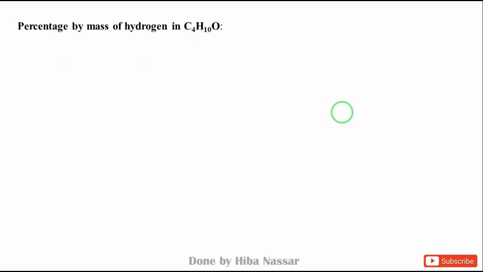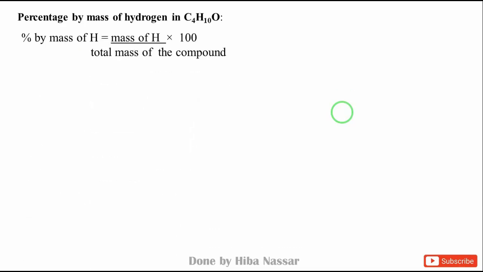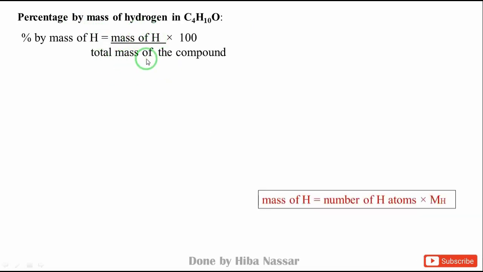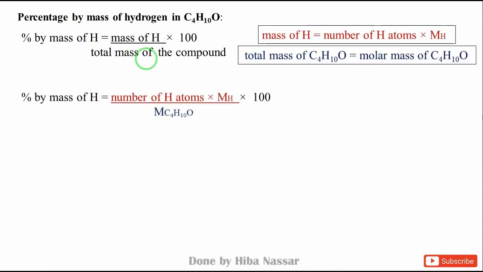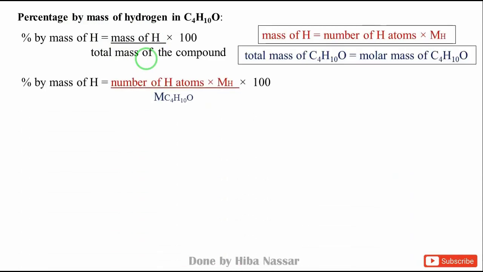Now let's calculate the percentage by mass of hydrogen in butanol. The same, percentage by mass of hydrogen is equal to the partial mass of hydrogen divided by the total mass of this compound times 100. So we will substitute, instead of mass of hydrogen, the number of hydrogen atoms times the molar mass of hydrogen divided by the molar mass of butanol times 100.